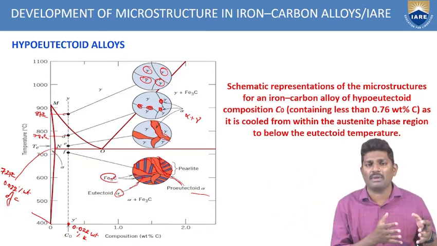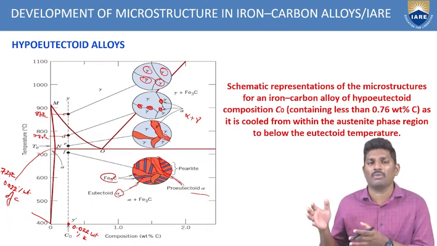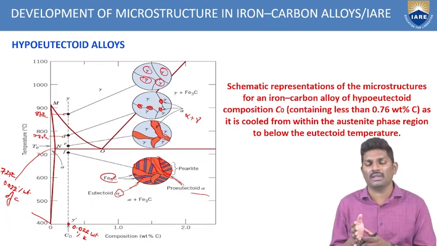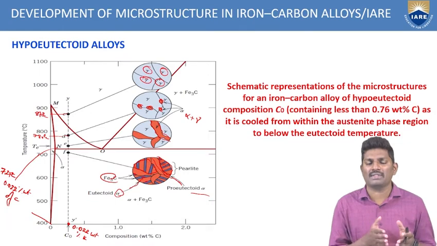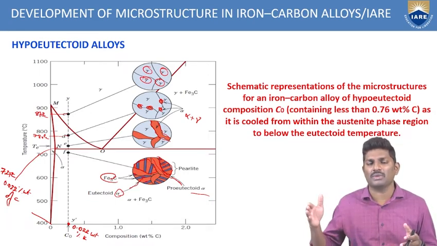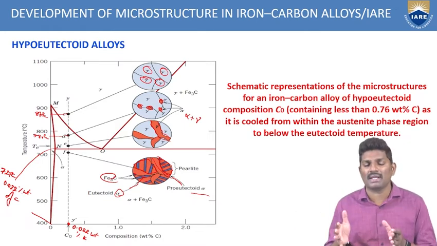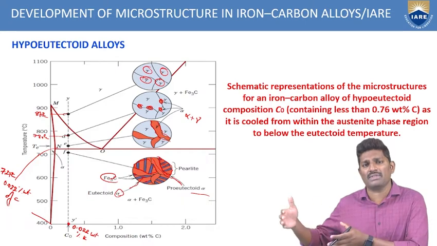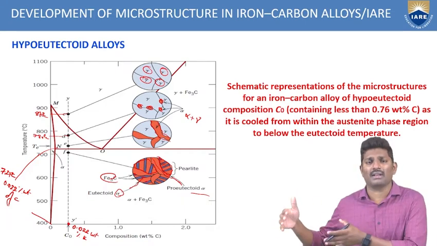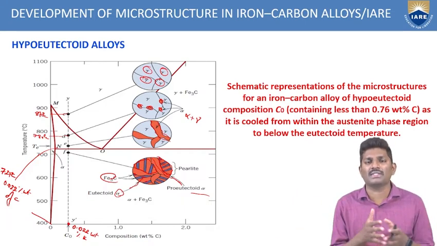So in the iron carbon diagram, you have a lot of compositions, different sections. From 0 to 0.76, you have hypoeutectoid. After crossing 0.76 to 6.70, you have the cementite, that is the carbide formation. And after crossing 6.70, you have the graphite area. So three divisions are there.